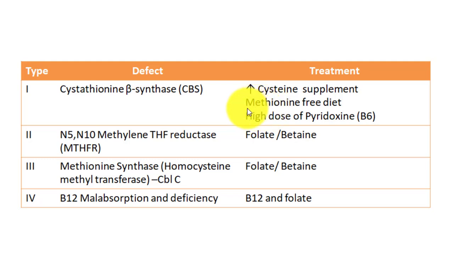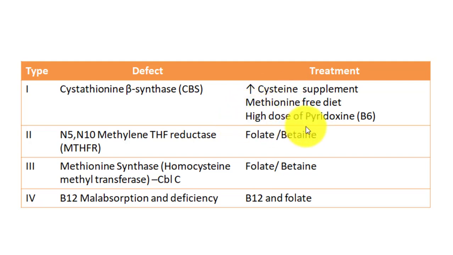And because methionine will not convert into cysteine, as this pathway of cysteine synthesis is abnormal, we supplement cysteine. So the diet is devoid of methionine, and we add cysteine. In such patients, cysteine becomes an essential amino acid.